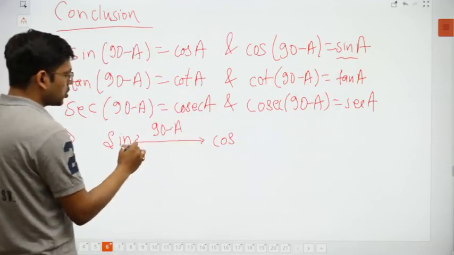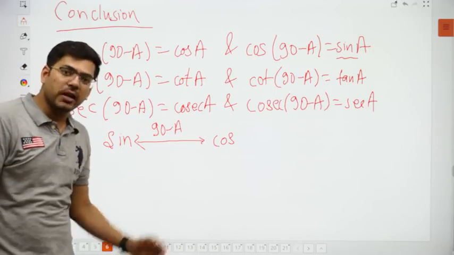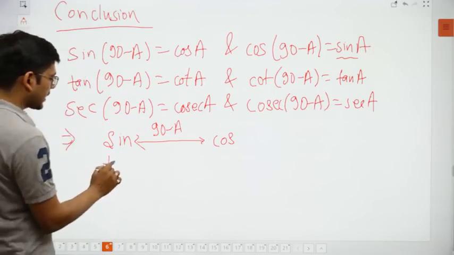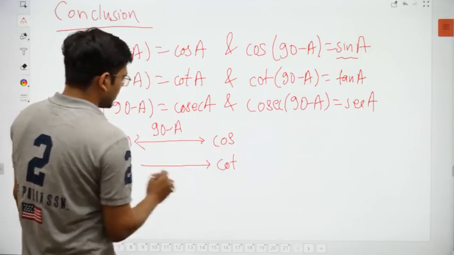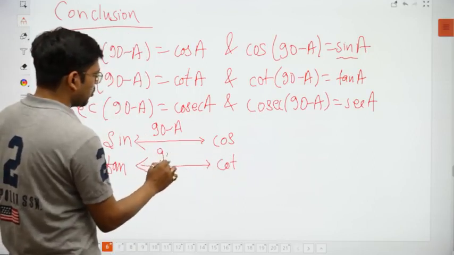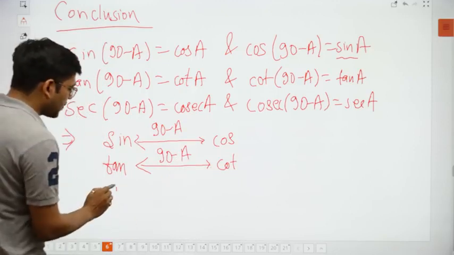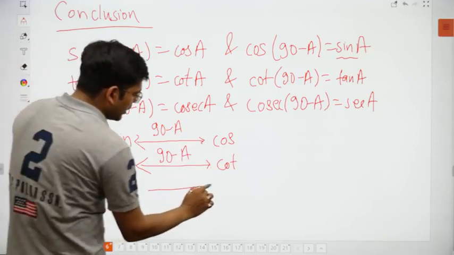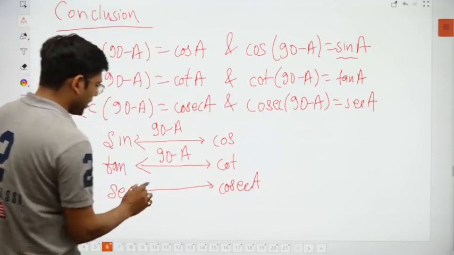So these two ratios are interchangeable with each other if we put the angle 90 minus A. Similarly, in case of tan, again it is interchangeable with cot if we put the angle 90 minus A. And similarly, in the case of sec, this again would be interchangeable with cosec if we put 90 minus A.